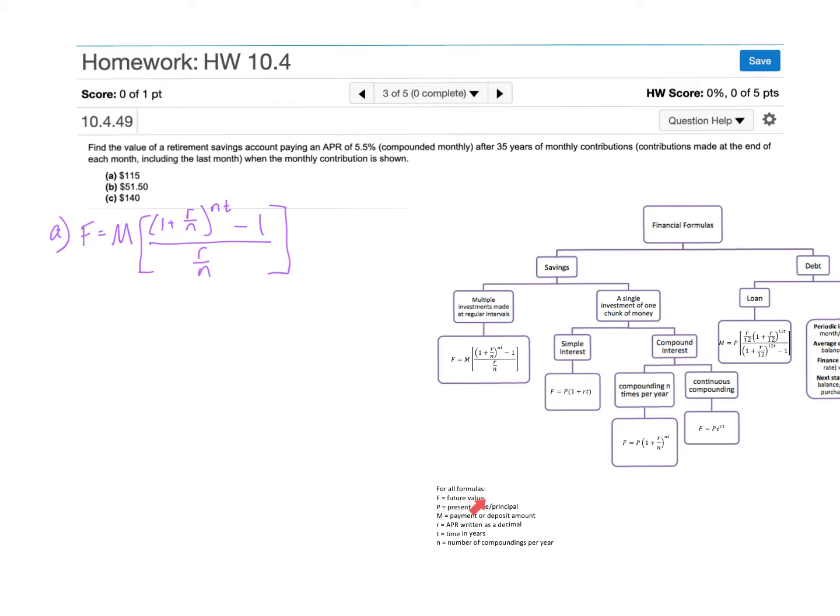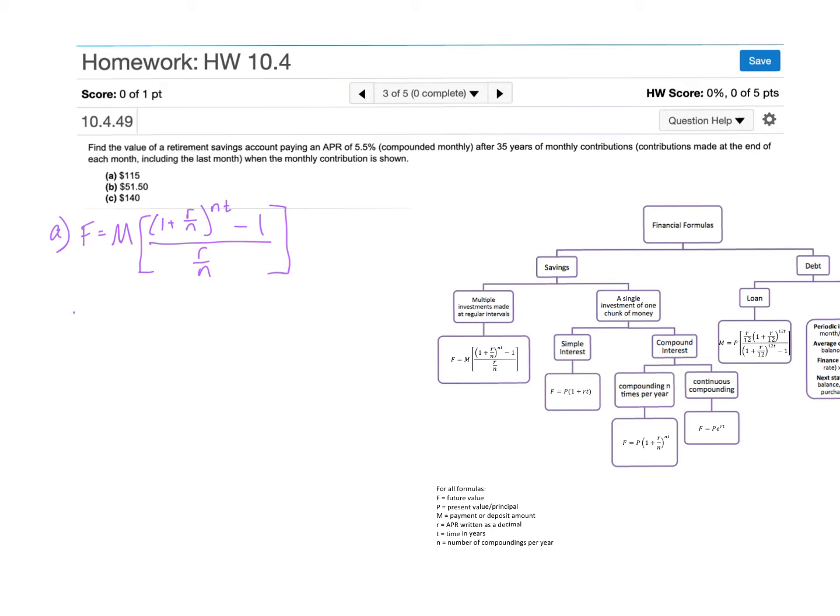F stands for future value. P is present value or principal, but that's not in this formula. M is the payment or deposit amount. It's typically called M because monthly is the most common way that you make or receive payments. R is for APR, the interest rate, T is time, and N is the number of compoundings per year.